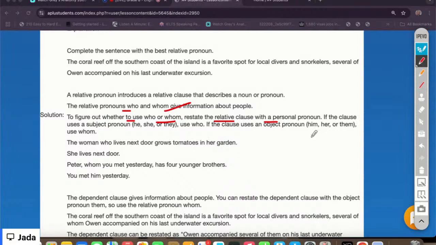If the clause uses a subject pronoun like he, she, or they, you use who, okay? And if the clause uses an object pronoun like him, her, or them, you use whom.